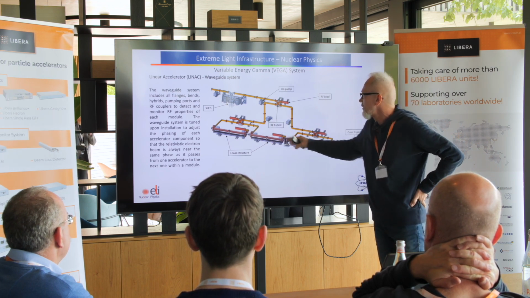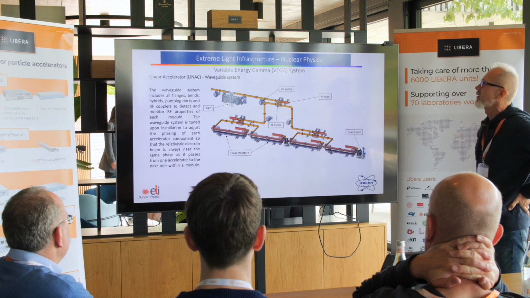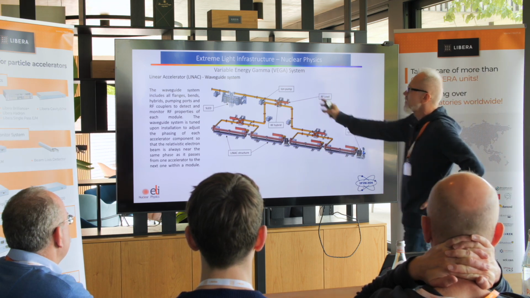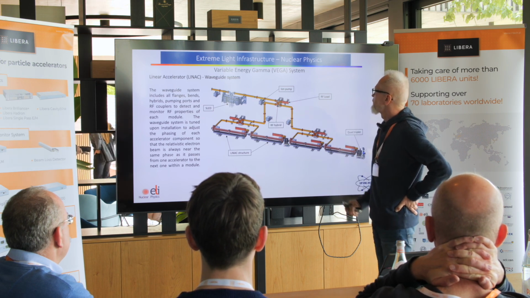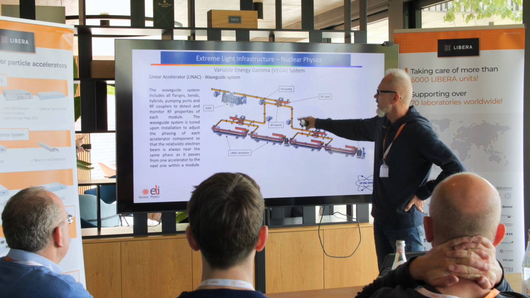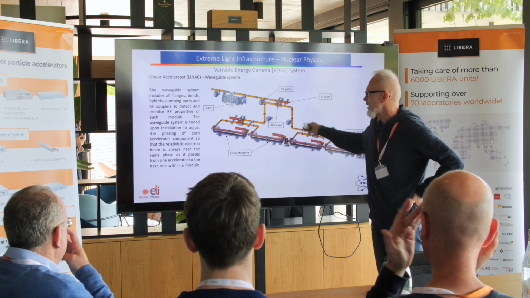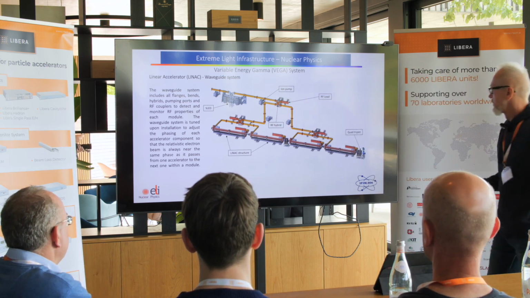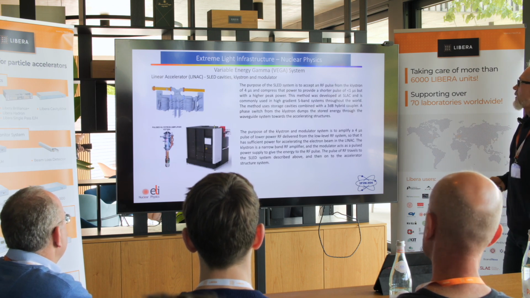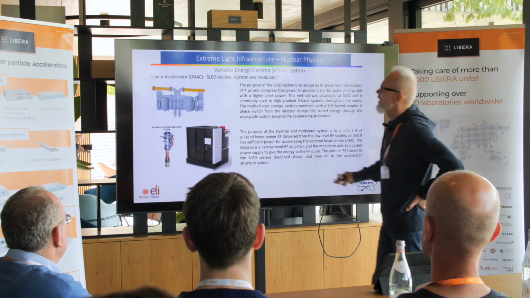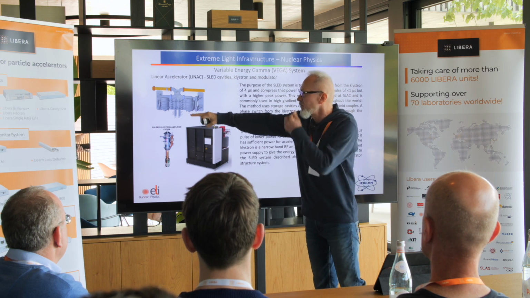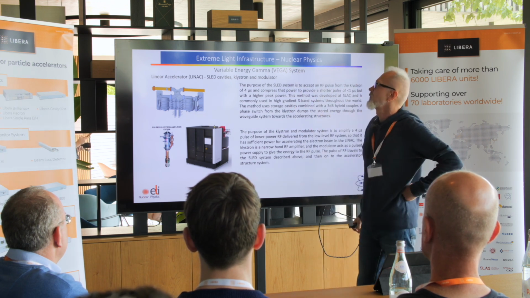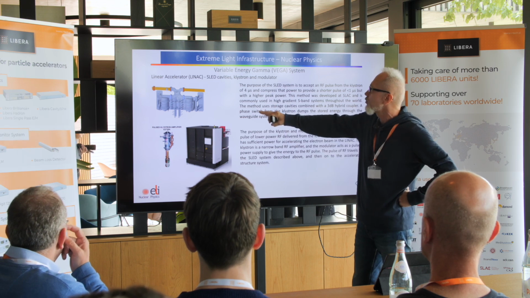which comprises 4 structures, as I explained, and this is the SLED which I introduced before, and the hybrid which splits the energy in half, one half to one side and half to the other side. As I told you, this SLED has some resonant cavities and amplifies the RF pulse generated by the klystron.